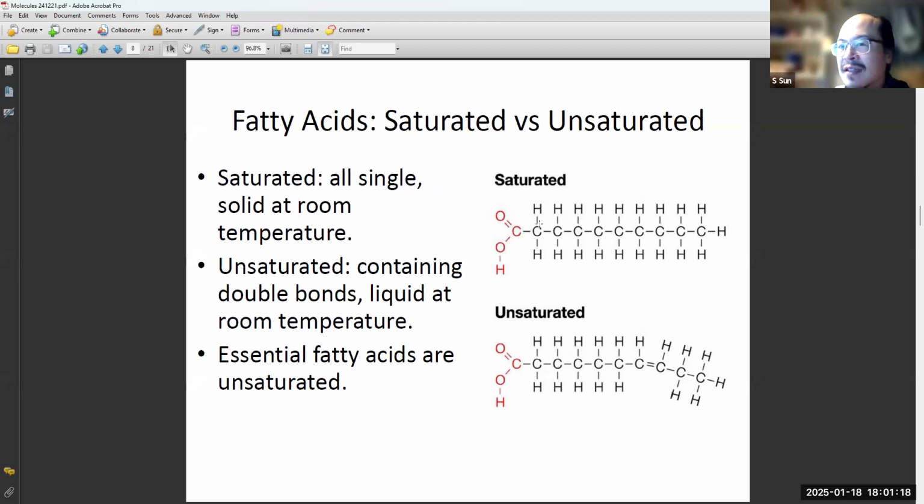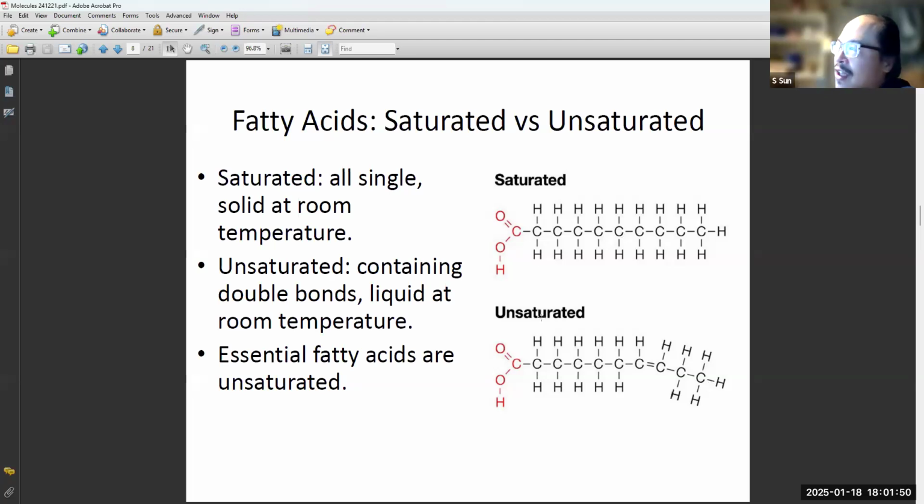When you look at that carbon chain, you don't see a double bond. You only see single bonds, and so that's saturated. Unsaturated means you have a double bond somewhere between these carbons.